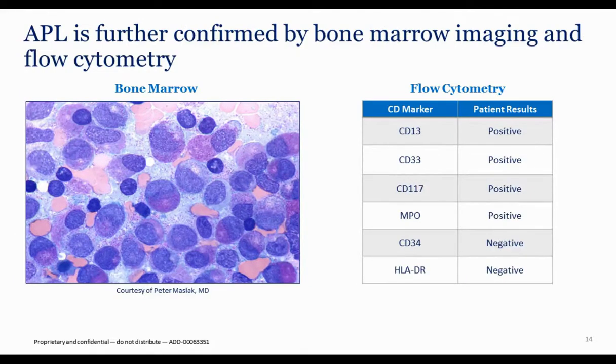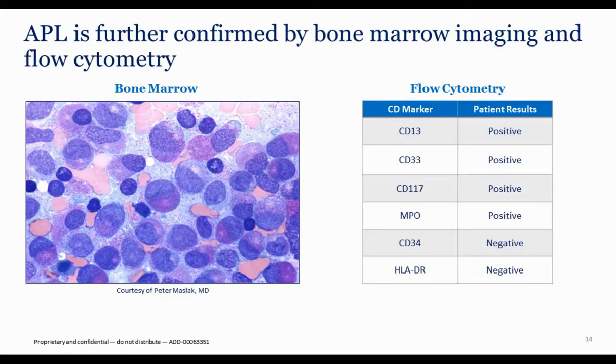Additionally, for confirming the diagnosis of APL, certainly one would send a bone marrow aspirate to the lab along with flow cytometry. And as you can see from this particular image on the left, this bone marrow smear is full of promyelocytes. So this would be consistent with the diagnosis.